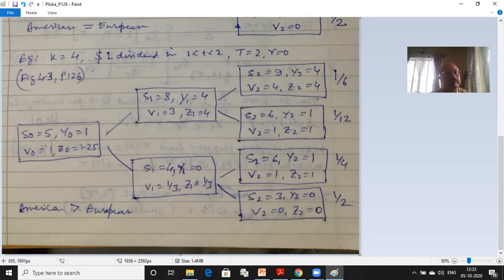But the difference here is that I have now chosen a strike price of 4, and I am going to give you a dividend of 1 unit between time points 1 and 2. So between time points 1 and 2, there is actually a dividend of 1 unit that goes out. And again, rate of interest is assumed to be 0.